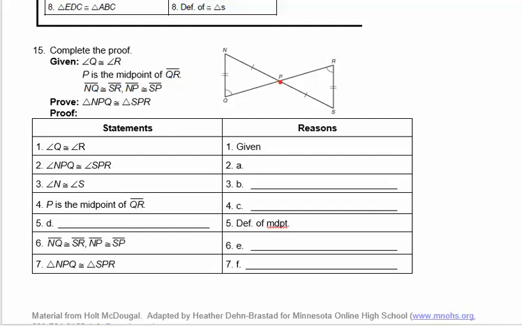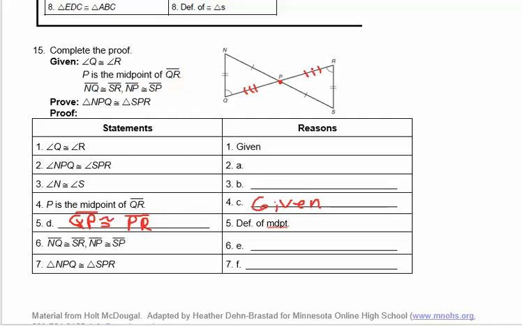So we're going to be using that here. P is the midpoint of QR. That's a given. And the definition of midpoint tells us that segment QP is congruent to segment PR. Because that's what the definition of midpoint says.